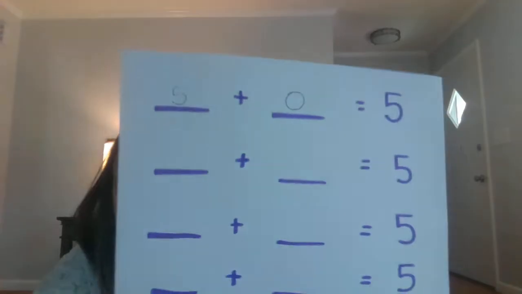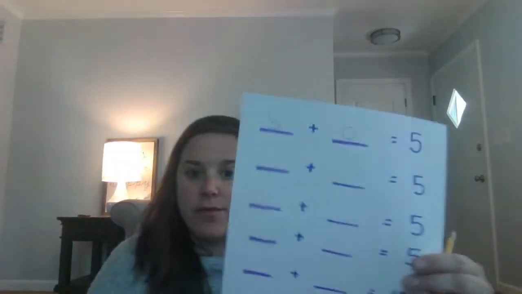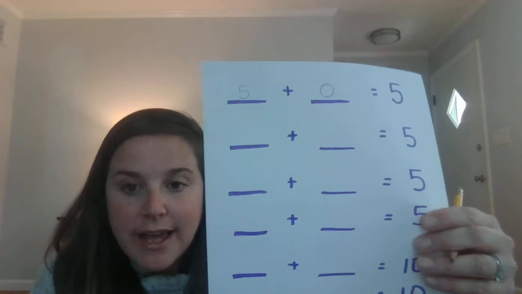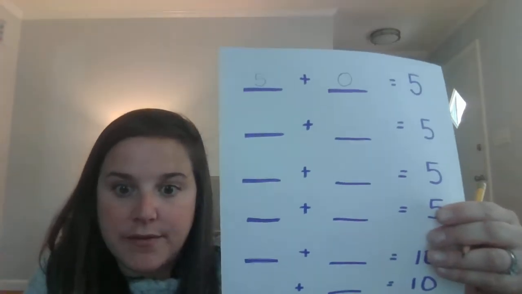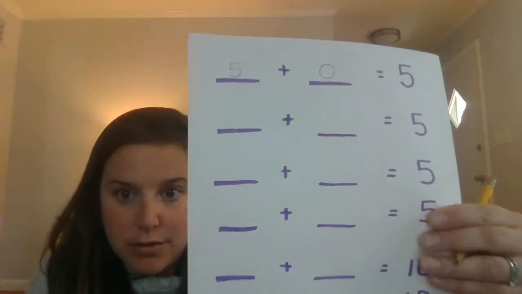So my sentence says 5 plus 0 equals 5. Okay, let's try it. Go ahead and write that. If you need to pause it at any time so you can get your writing down, feel free to do that. You should be writing 5 plus 0 equals 5. All right, let's try another one.